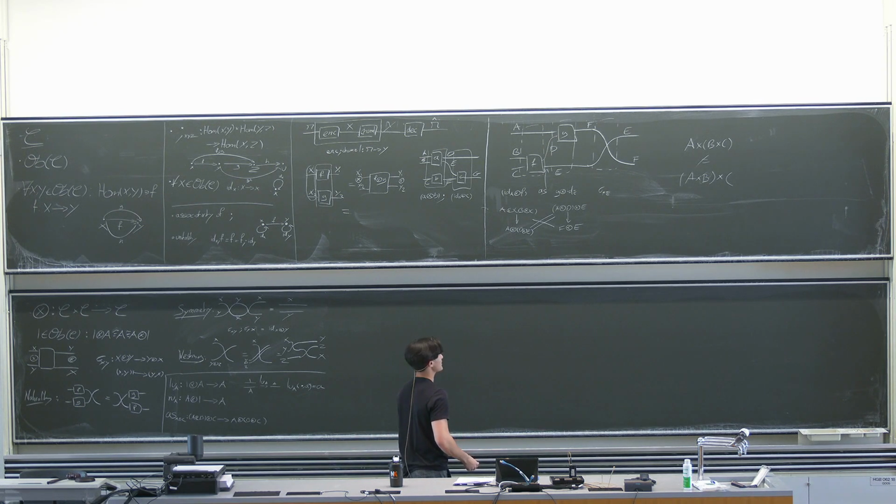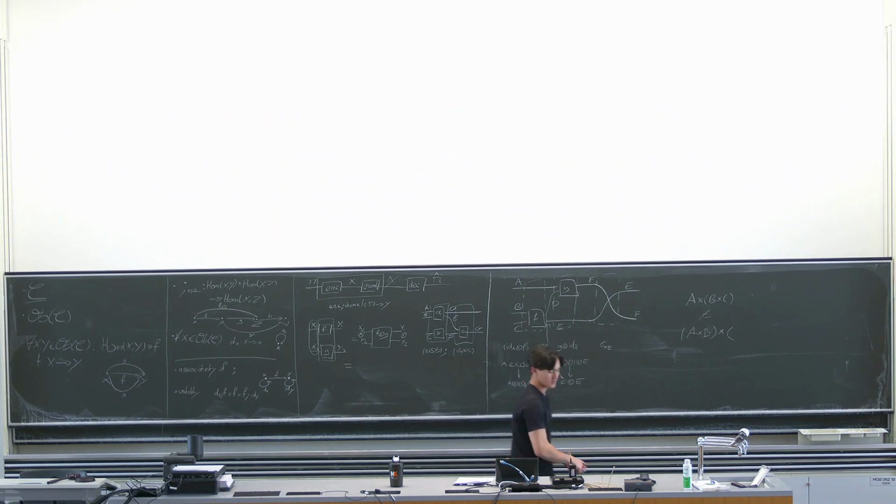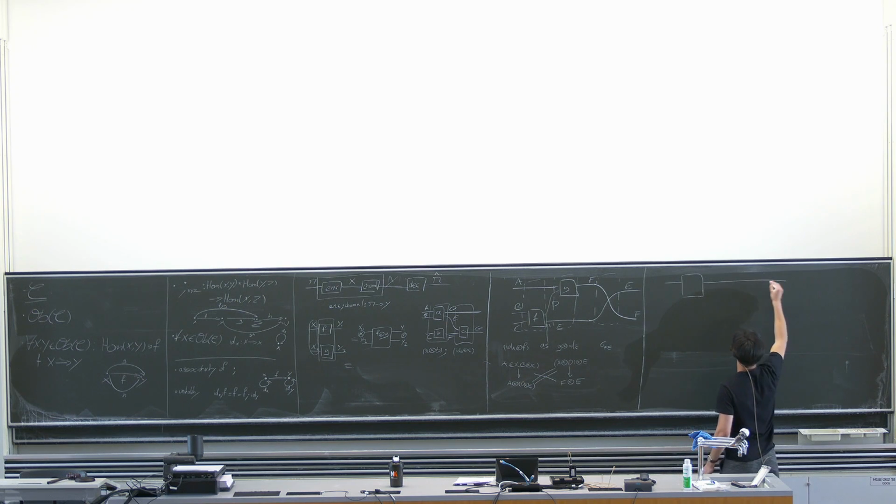feedback. I'm going to keep this one clean so we can keep writing, but feedback is a very common thing in engineering. It's when you basically take the output of a system and you give it back so that we can use it for further computations. You've probably seen it. It looks like something like this.